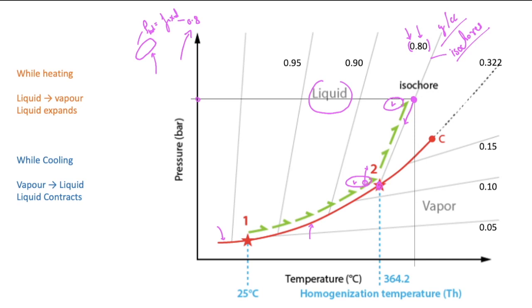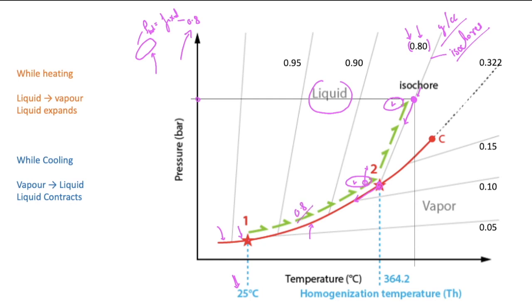This small bubble will increase in size as you keep on cooling. But during the whole process, let's say you cool it down to room temperature, the density will remain fixed. Throughout this, the density will be 0.8.